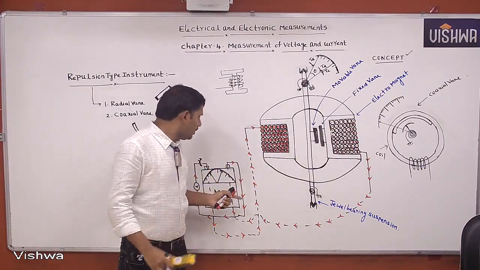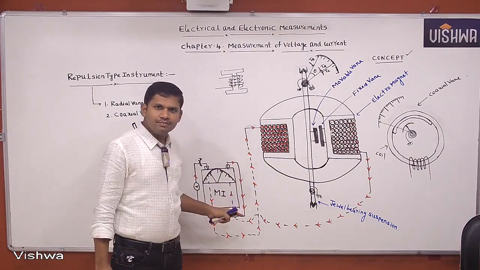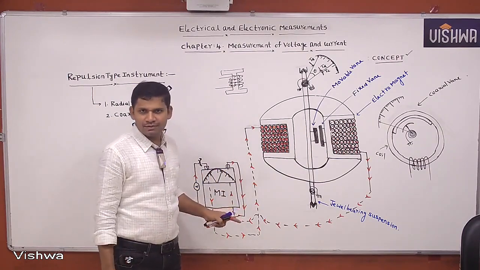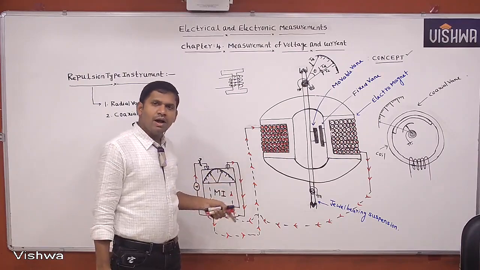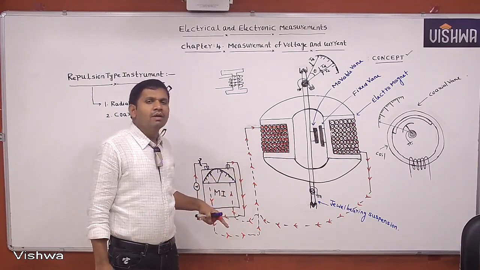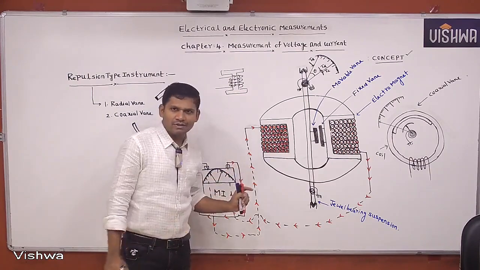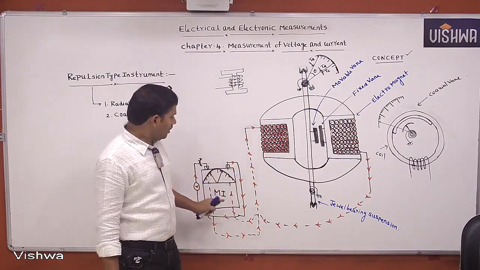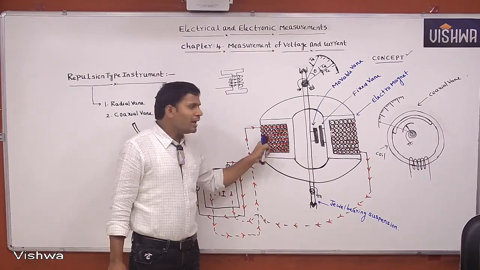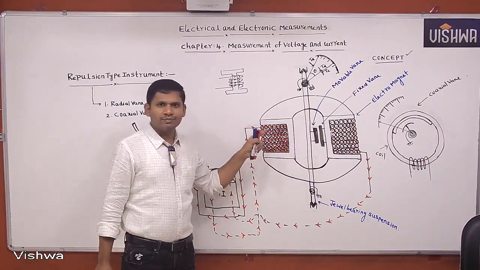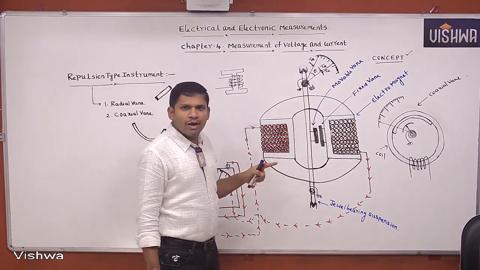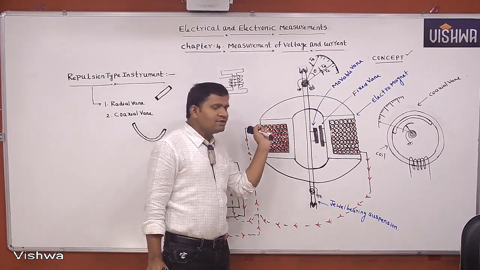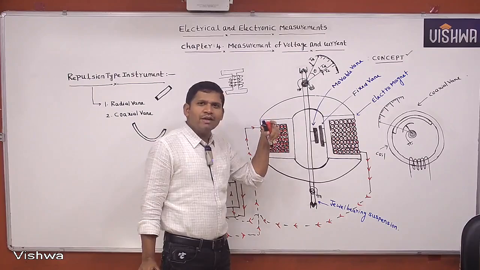Whenever supply is given, it may be AC or DC. I told you already, whether AC supply or DC supply is given, the electromagnet will be magnetized. Here also, whenever supply is switched on, the electromagnet will be magnetized. But the point to remember is the difference in the placement of iron pieces.